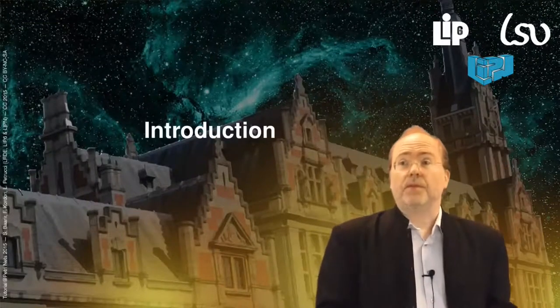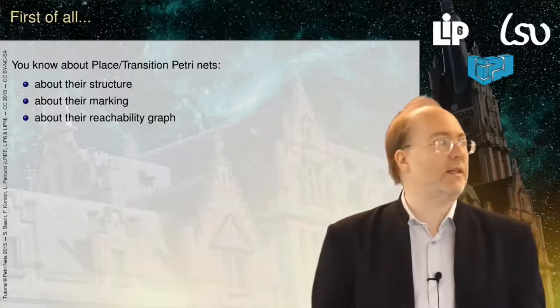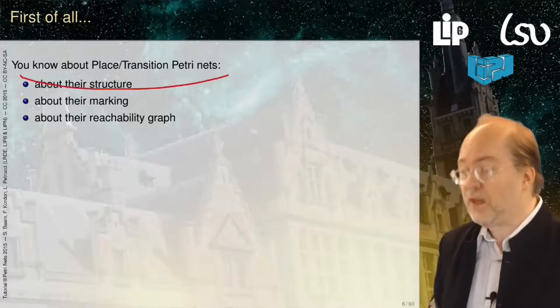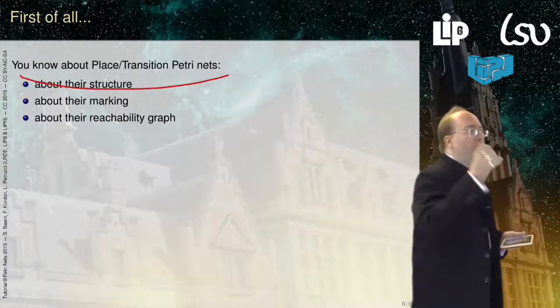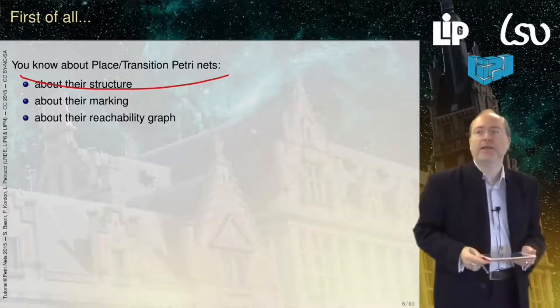So let's start with an informal introduction about symmetric nets. In fact, you already know place transition nets. In place transition nets, you know that you can have tokens in places.